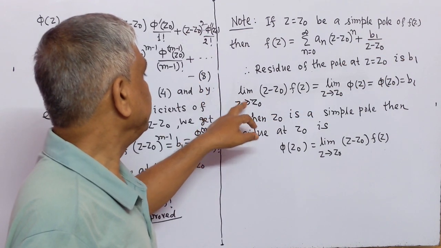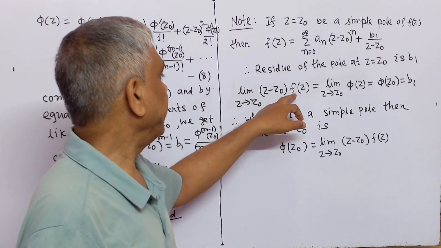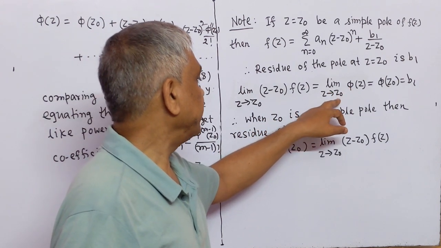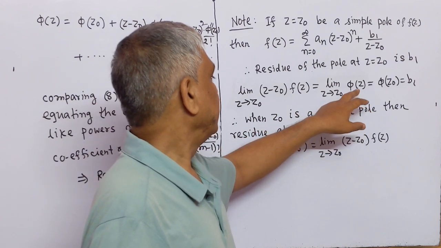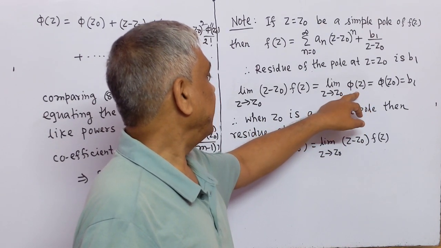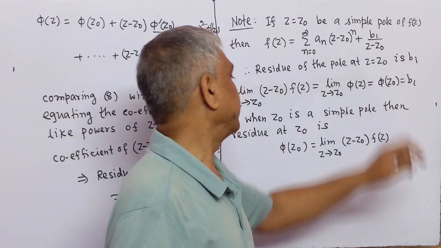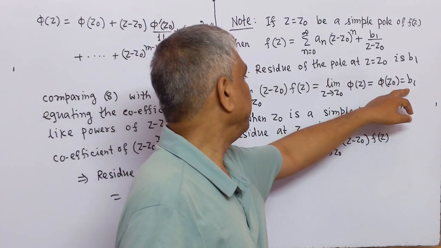Therefore, limit z tends to z naught, (z minus z naught) f(z) equals limit z tends to z naught phi(z). And we know that this is analytic and also continuous, so this equals phi(z naught), and this is equal to b1.